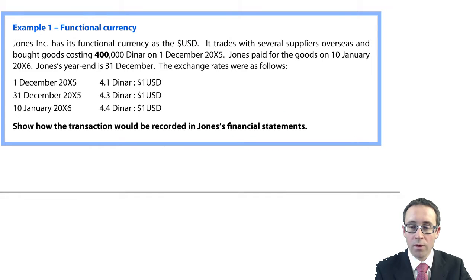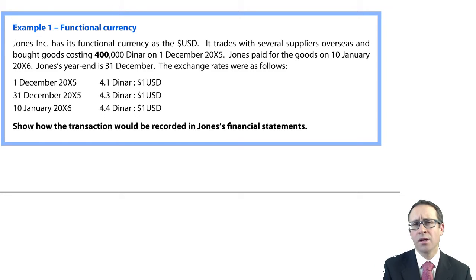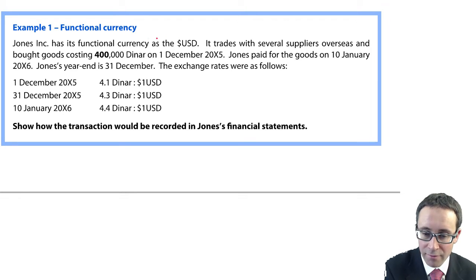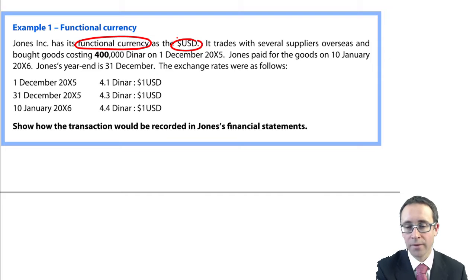Okay, so what we've got there is the question says, show how the transaction will be recorded in Jones's financial statements. So when we're thinking about the financial statements, we're thinking about the position statement and the performance statement, so profit or loss, isn't it? It says there within the question specifically that we have the functional currency, is it there as the US dollar, so everything will need to be translated into the dollar.